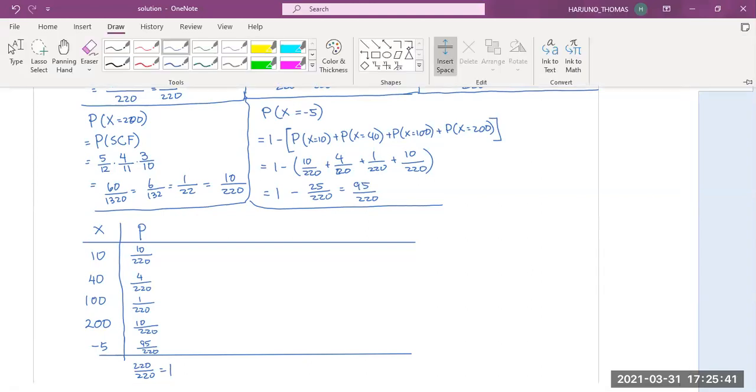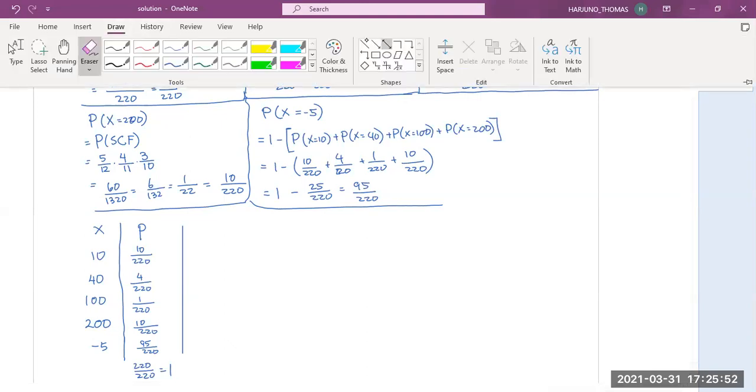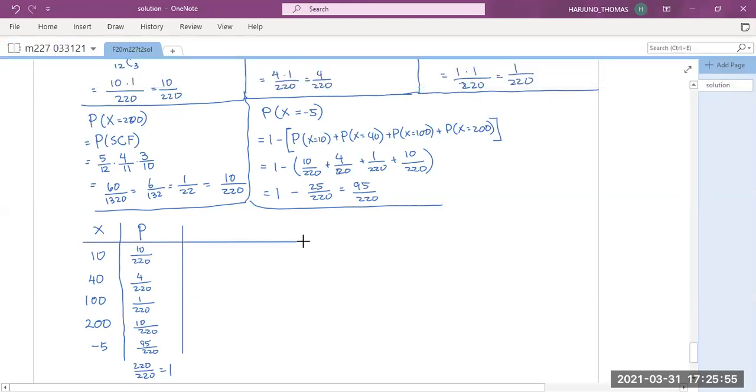Next, I will extend this to get the px. So P times X, 10 times 10 is 100 over 220. 40 times 4 is 160 over 220. 100 times 1 is 100 over 220.